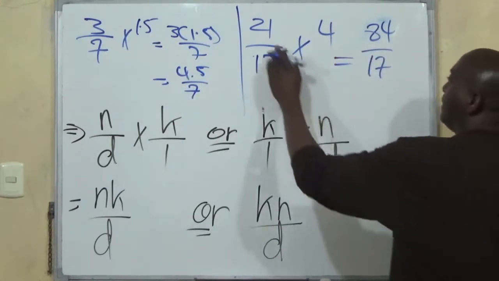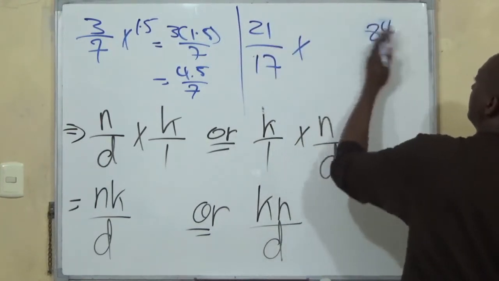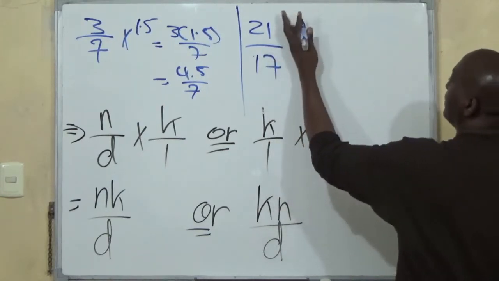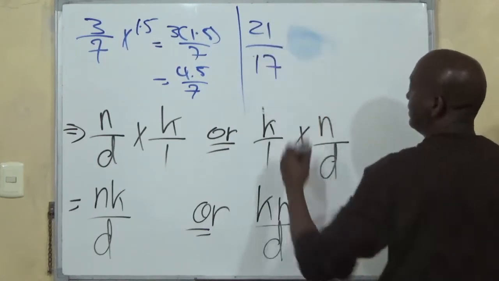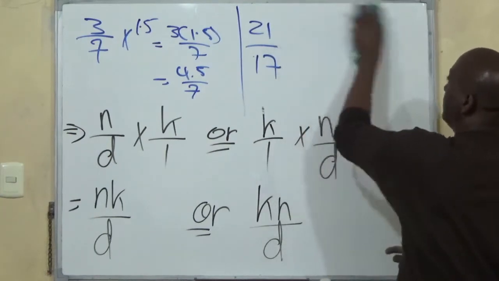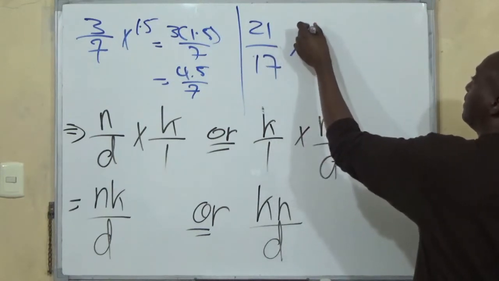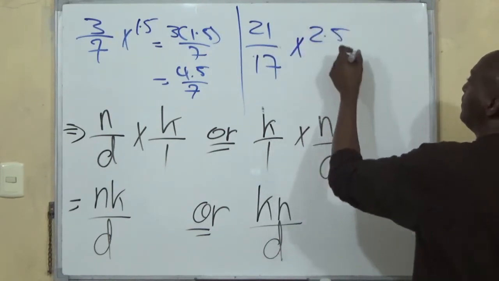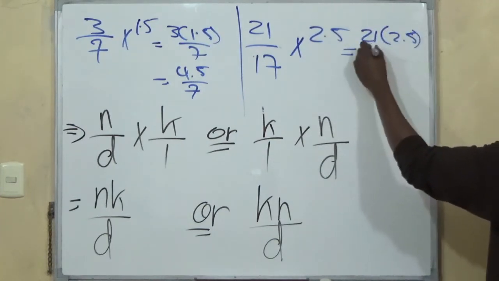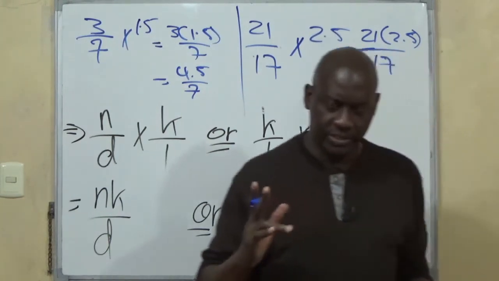And if we had to multiply 21 over 17 by, let us say, 2.5, that would be 21 by 2.5 over 17. 21 by 2 is 42.